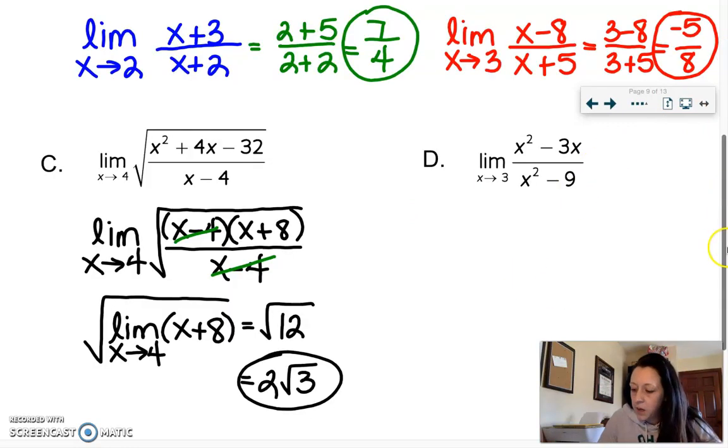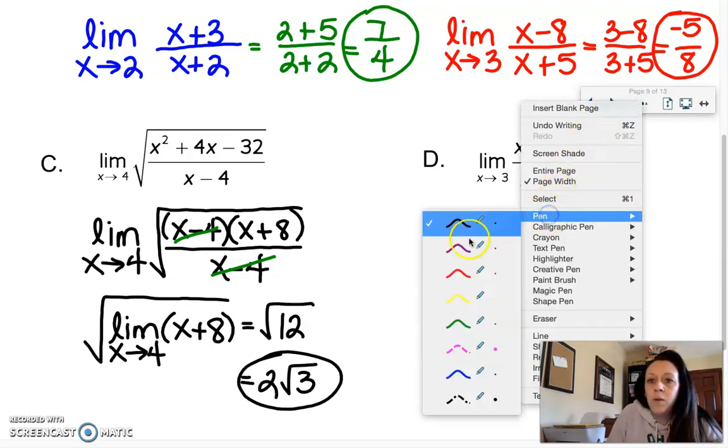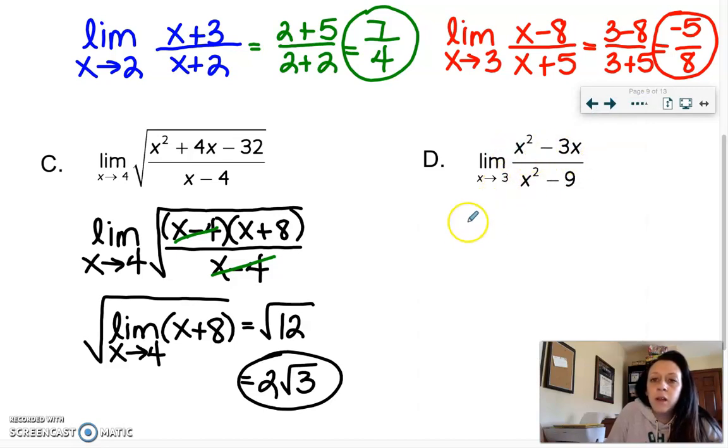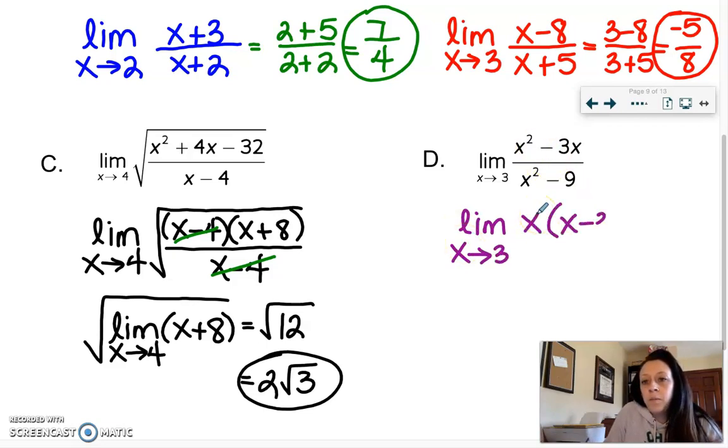Okay. Example D is more of the same, except this one is here primarily to make sure you remember different methods for factoring. The numerator is factorable, but it's a GCF, so you can take an x out of each term. The bottom is a difference of squares, so that would be x minus 3, x plus 3.